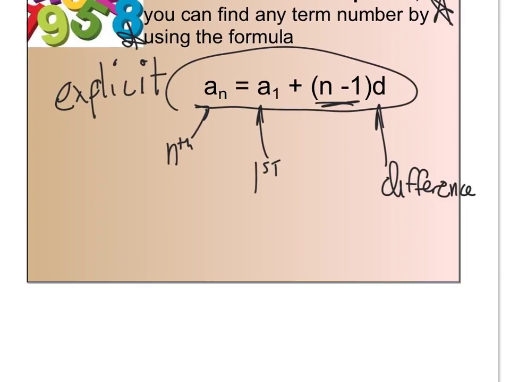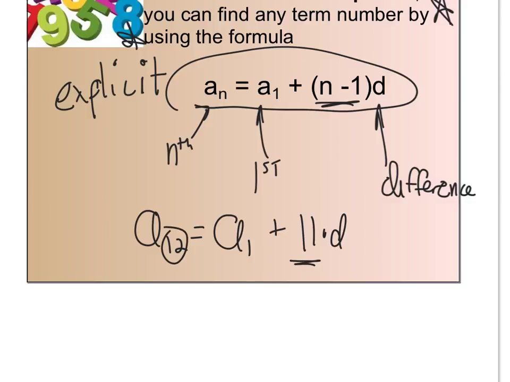So if I'm looking for a 12th term, I take whatever the first term is, and then 11 times my common difference. This n and this n are related because this one is going to be 1 less than that one.